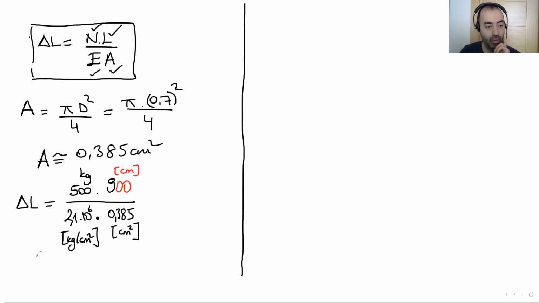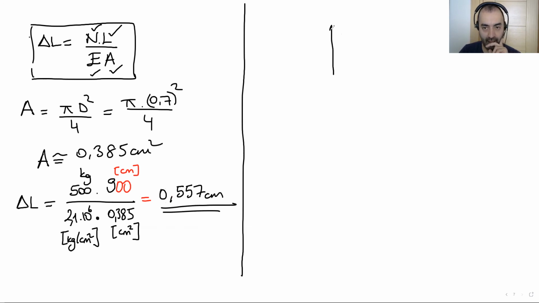Now all the units are the same, so we are using kilogram and centimeter in our calculation here. The result is 0.55 centimeter. This is the total elongation.